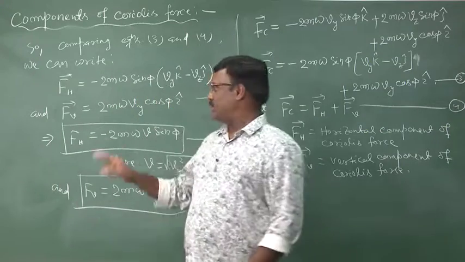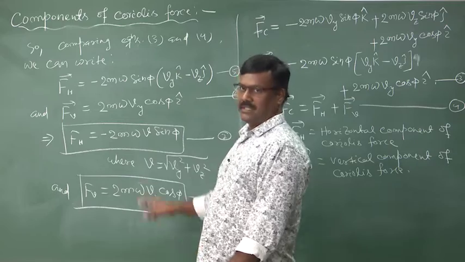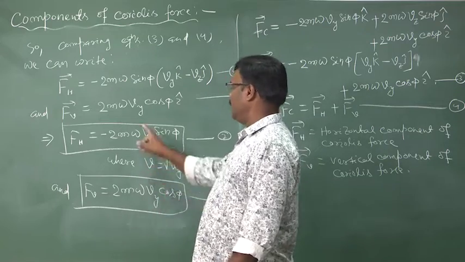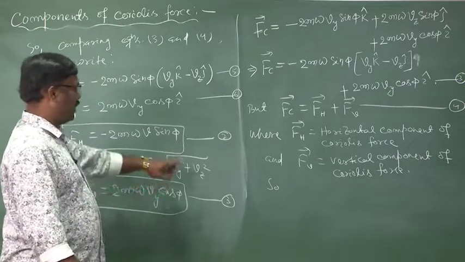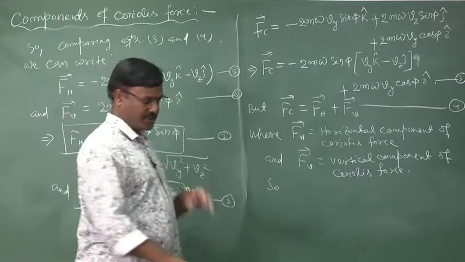These two equations represent the magnitudes of the horizontal component and the vertical component of Coriolis force.